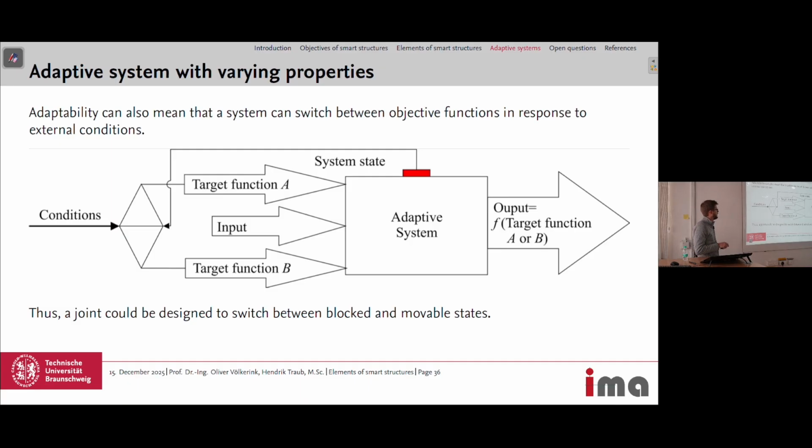It would also be these kind of adaptive systems where you switch between target function A and B, takeoff and landing, and cruise flight. And the droop nose would also be a smart structure. And in future applications, I also have a smart structure leading edge.